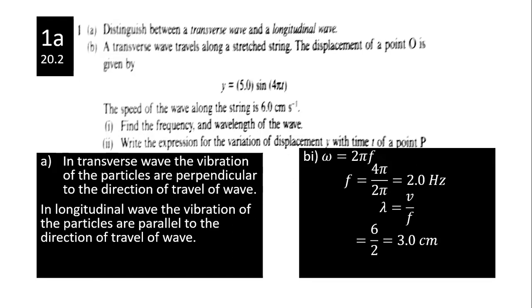Write down the expression for the variation of displacement y with time t of a point P. How to write? Any idea?